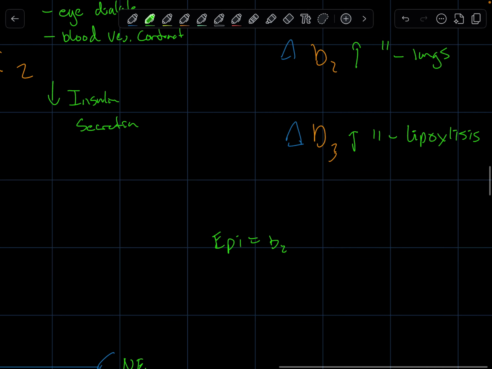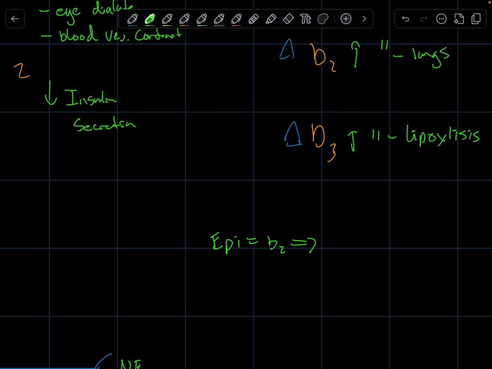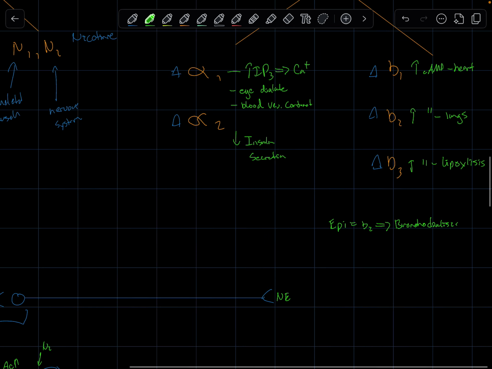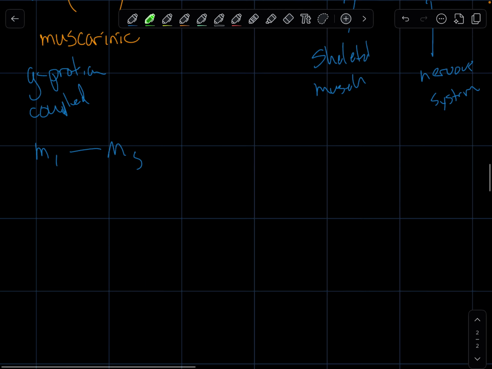Okay, and when that happens, the lungs will actually dilate, so it will cause bronchodilation. Just write that out. Bronchodilation. Okay, that's kind of the main things you need to know there.